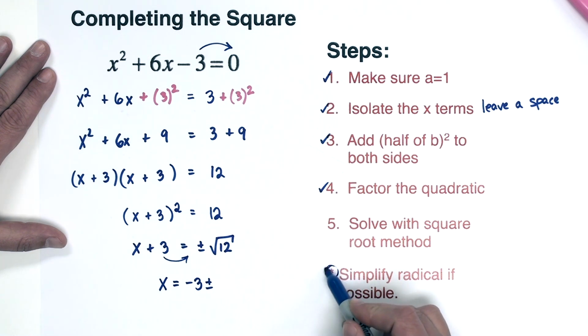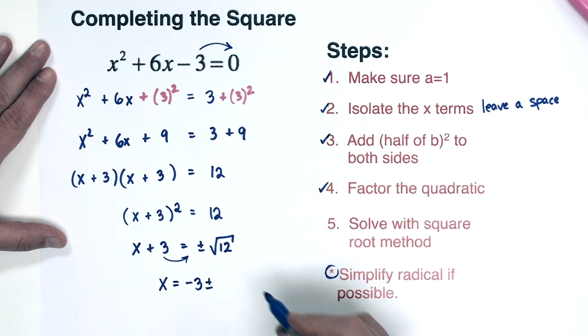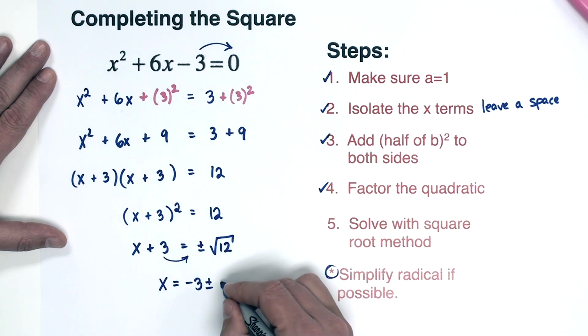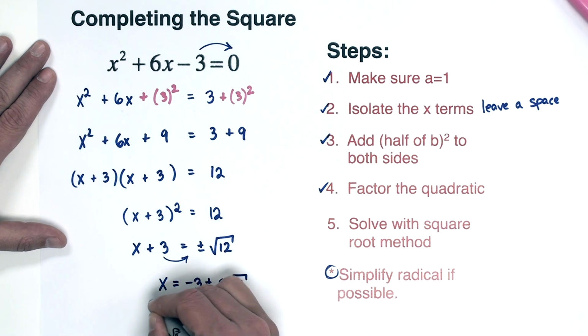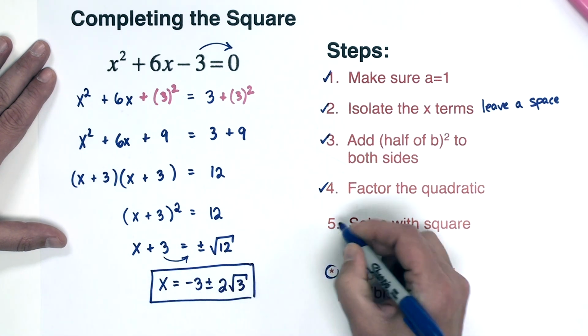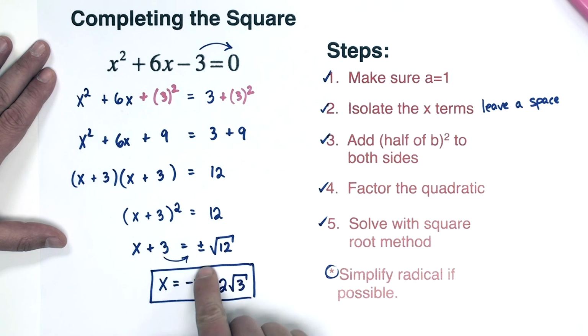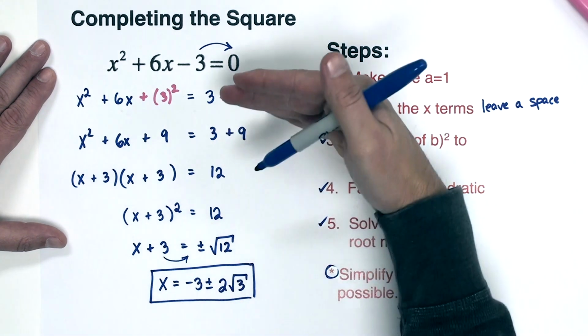Now take a look at this step right here. Simplify the radical if possible. And 12 is 4 times 3, so I get 2 square root 3. And step 5 was done when I solved for x. So there's completing the square.